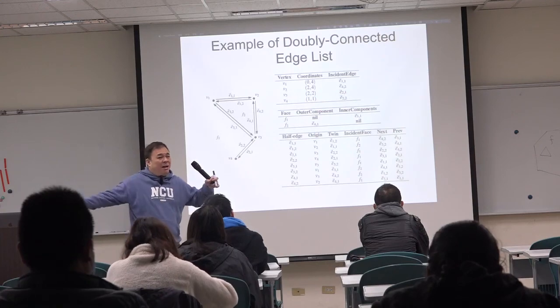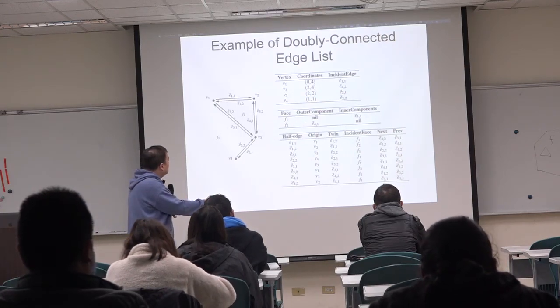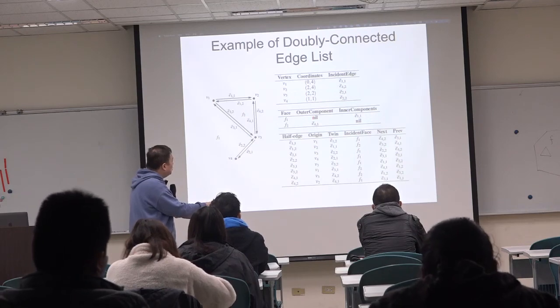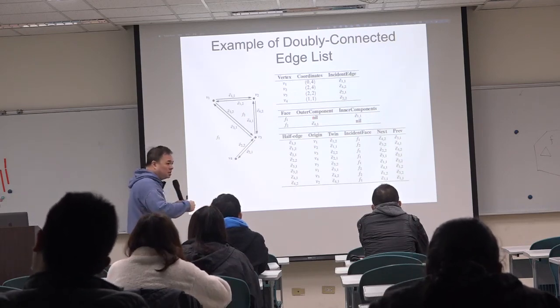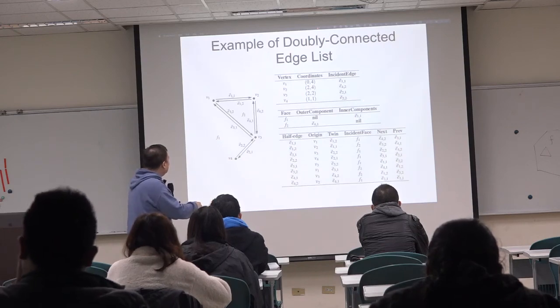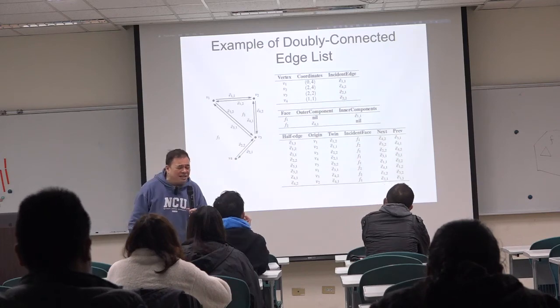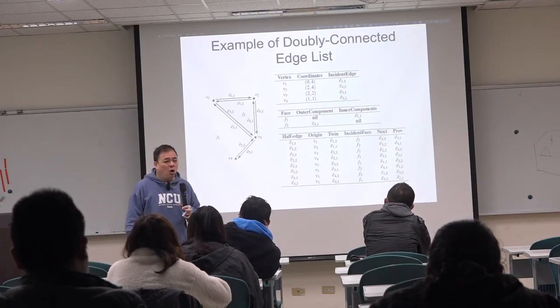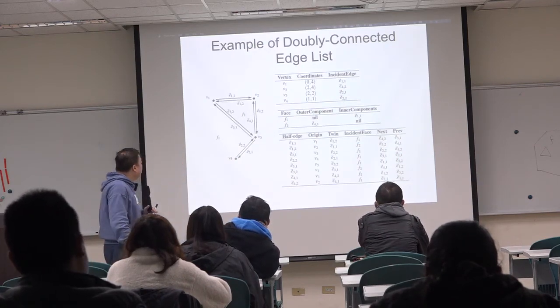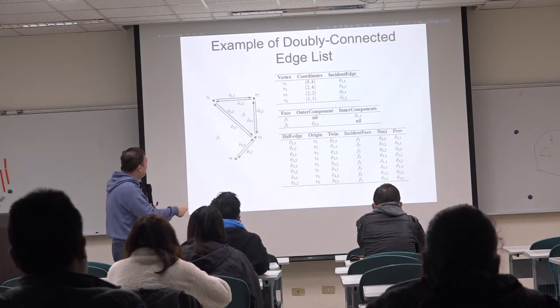The pointer that points to the boundary is nil. For the inner component, this F2 is somewhat to be considered as a hole for F1. So we are going to have a pointer that points to the half edge.